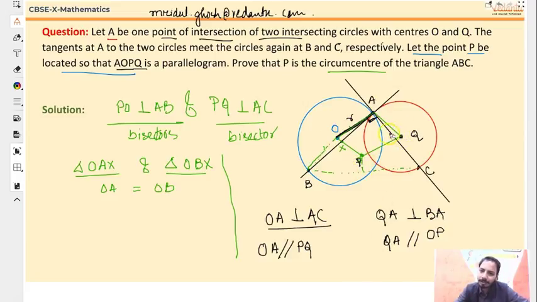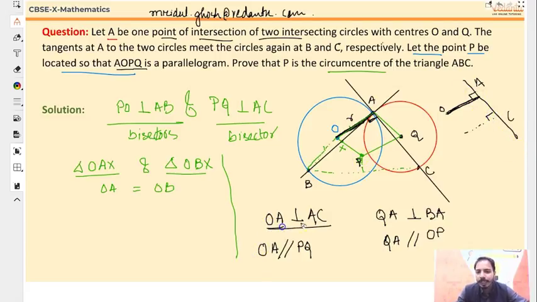Now if OA is perpendicular to AC, then a line which is parallel to OA, that means this line, will also be perpendicular to AC.